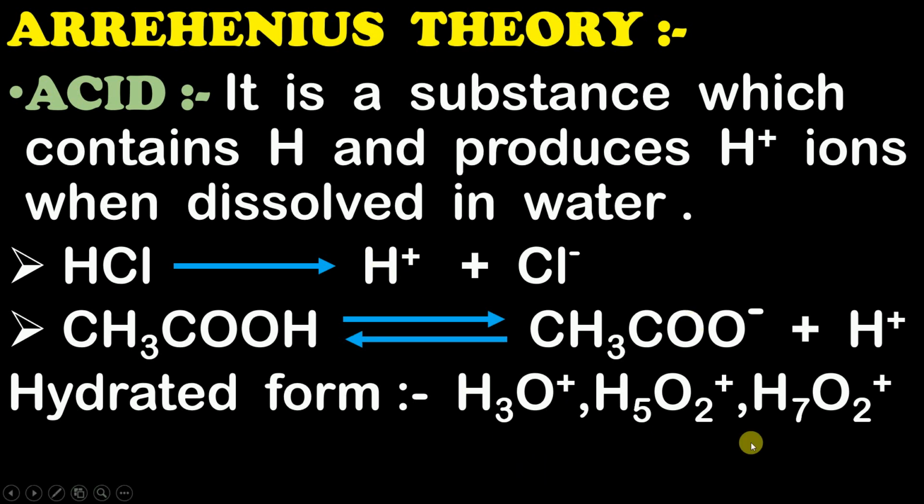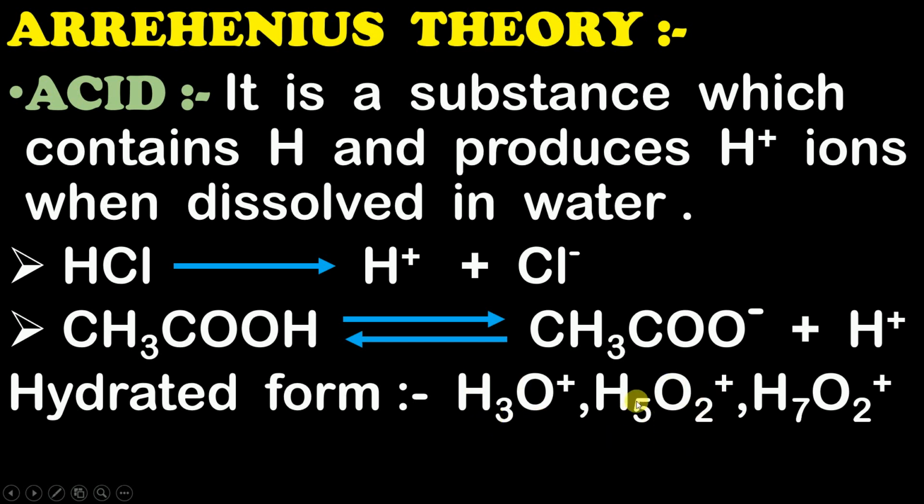Okay, so when you add H2O to this H plus, you are obviously going to get H3O plus. As you can see over here, H2O plus H plus will give you H3O plus. And if you add one more water molecule to this H3O plus, you are going to get H5O2 plus.